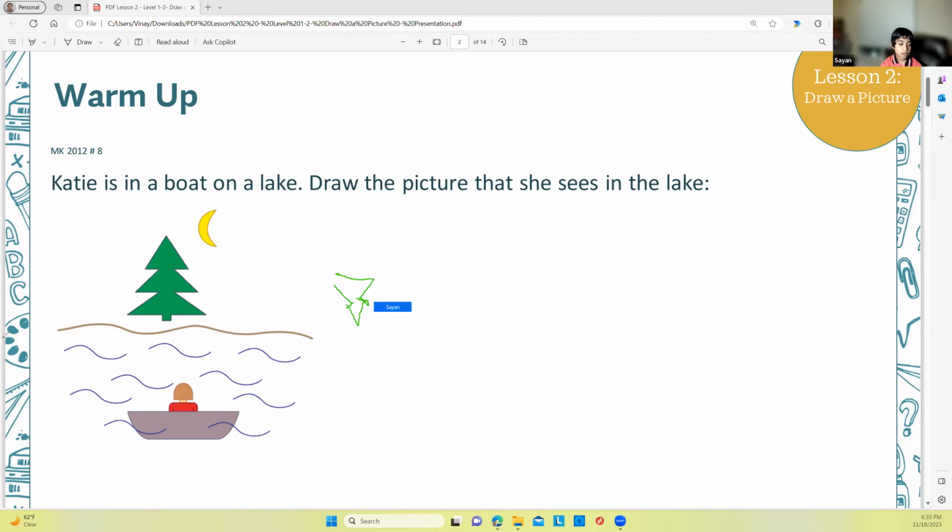Where's the eraser? It's a bit difficult to draw with the iPad. With a pen and paper, it's much easier. We are more used to pen and paper, then it will be easier for you with a pen and paper or maybe a crayon. But let's try with the iPad.